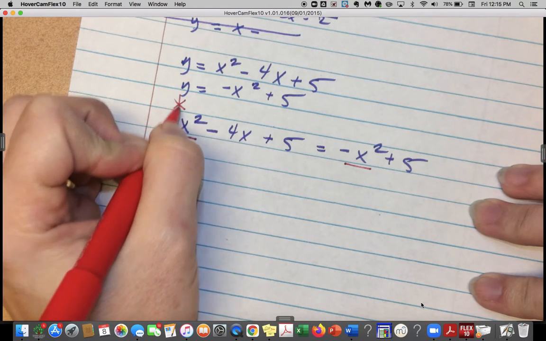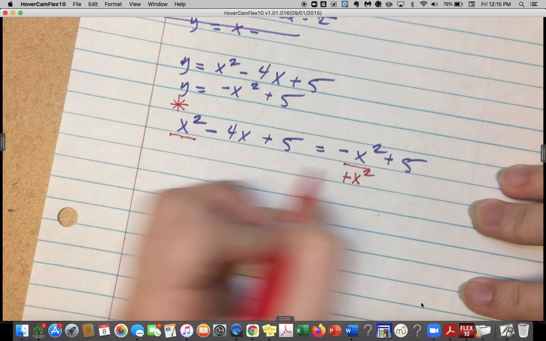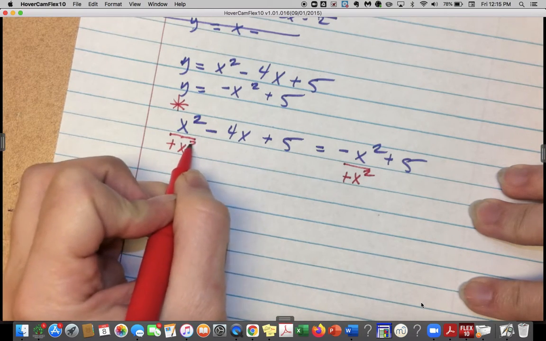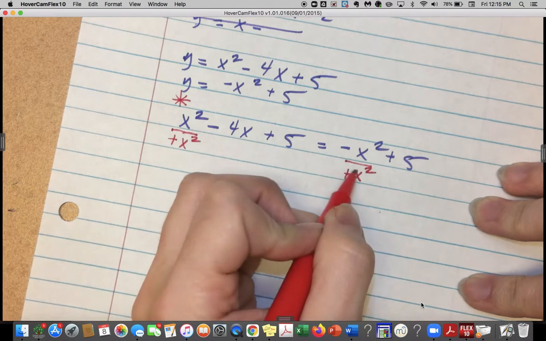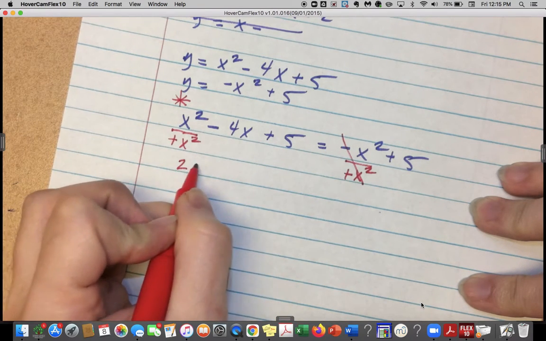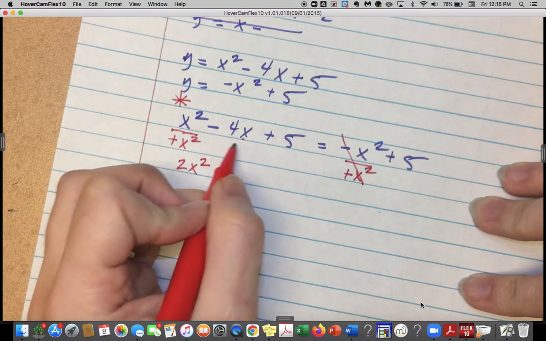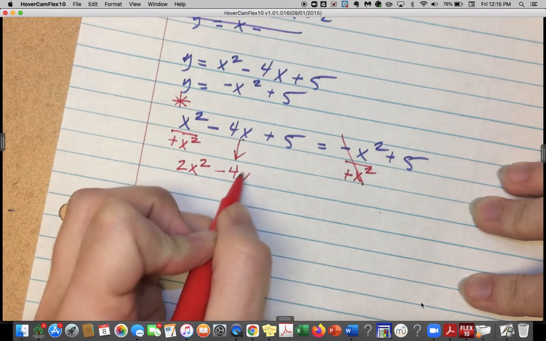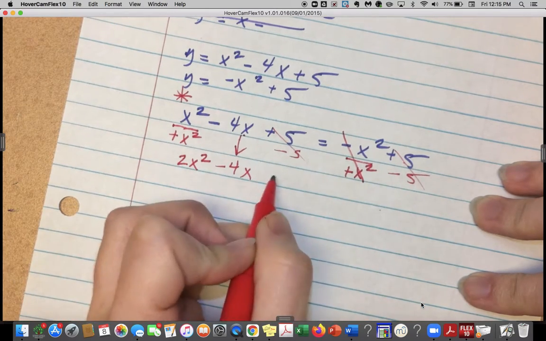So this is the side I want to go to. So I want to add x squared on both sides. So please don't think those cancel out. When you add x squared on both sides, you're really going to get 2x squared over here. Okay. This is still here, so just bring it down. Nothing went with it. Now, if you subtract your 5, yes, they actually do cancel out.